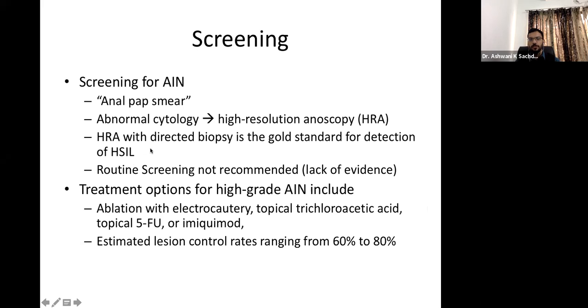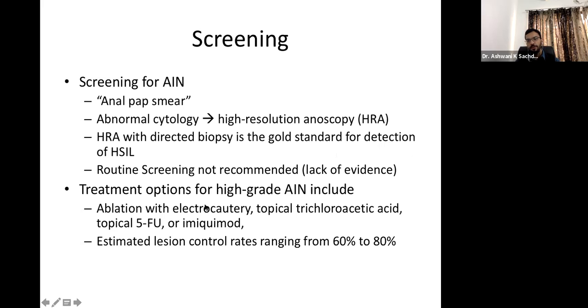High resolution anoscopy with directed biopsy is the gold standard for detection of high grade squamous intraepithelial lesions. Routine screening is not recommended for anal cancers because of the low incidence rate; it is not a cost effective measure, and there is a lack of evidence for routine screening.